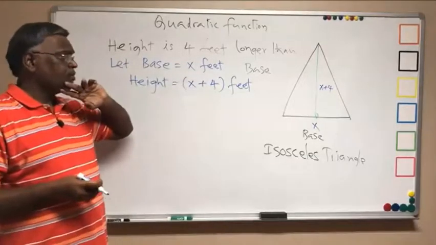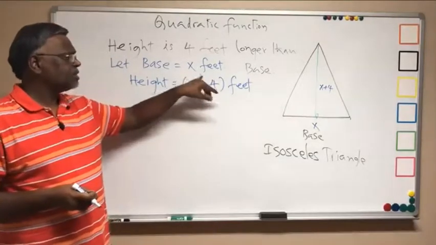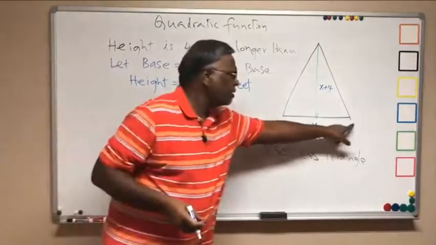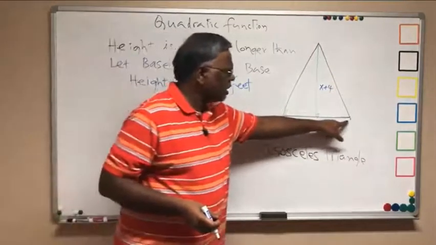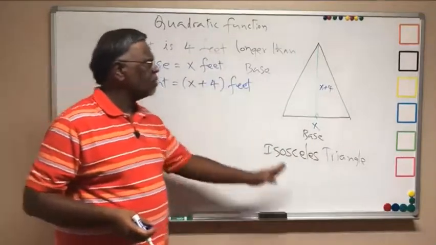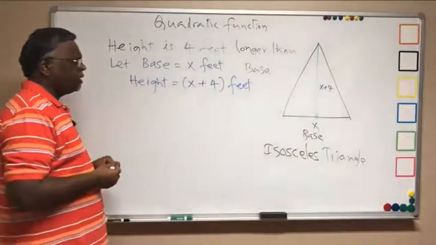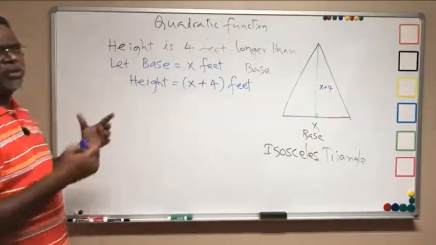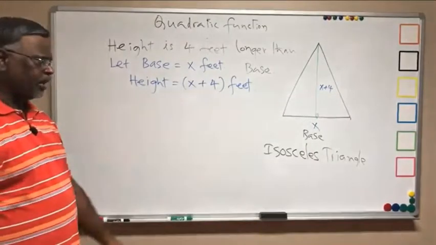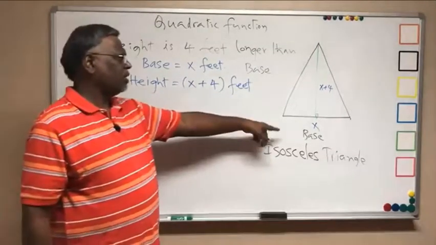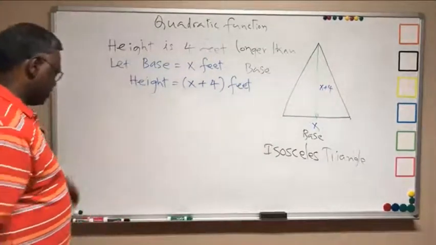So with reference to the given information, this is what you came up with. We assumed that the base of the triangle, this side, is x feet, and the vertical height is x plus 4. Now you are asked to come up with the area formula. What is the area of this triangle with reference to those two measurements?